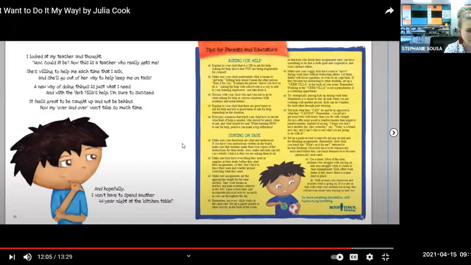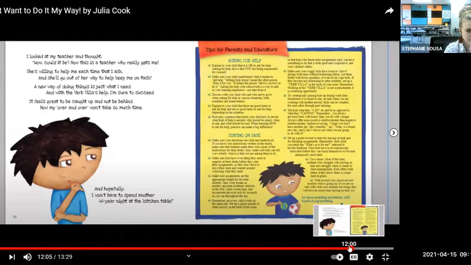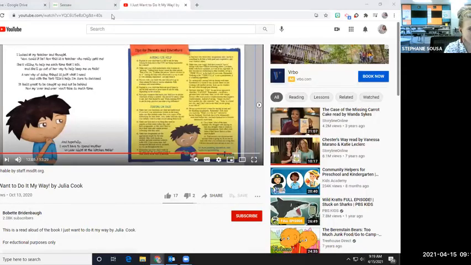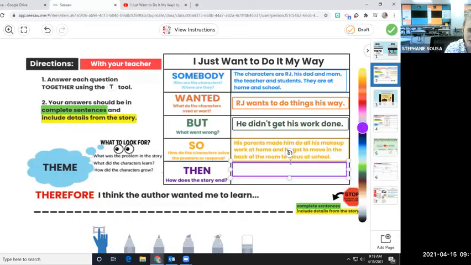So what happened at the end of the story with RJ's life? I think RJ realizes that work isn't that hard. Awesome. Yeah. RJ realizes when he can focus and do what he's supposed to, it's not as hard as he thought.